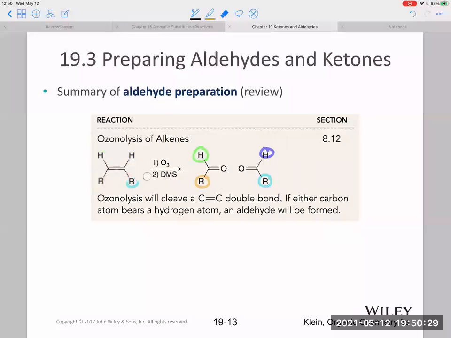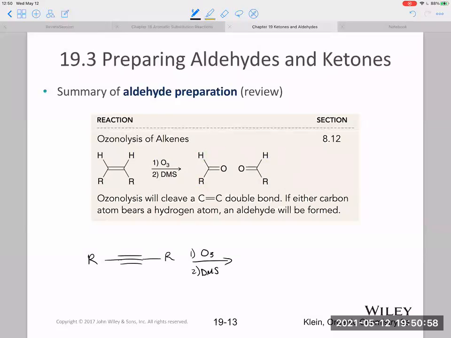One that we probably haven't thought about in a billion years is the ozonolysis of an alkene, right? This is where you chop that alkene bond in half and stick two oxygens on there. While we're on this, we also saw ozonolysis with regard to alkynes, and that gave us a different functional group.